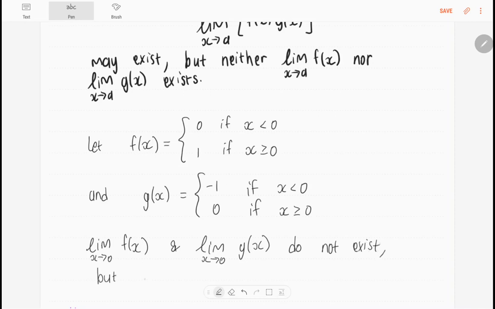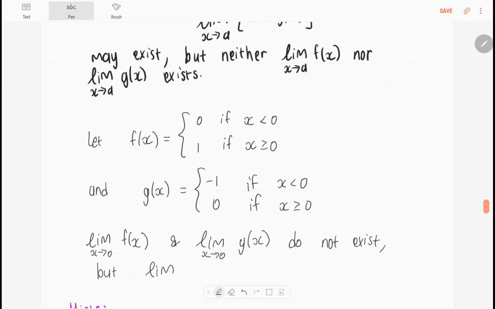But the limit as x approaches 0 of the product of these two functions is just the limit as x approaches 0 of the constant value 0, which is 0. Therefore, we've proven by example that this is indeed possible.